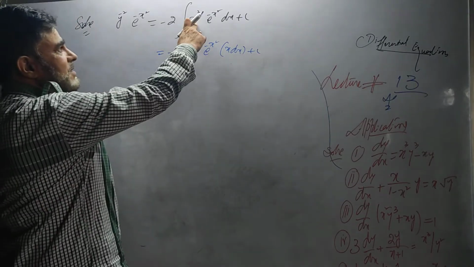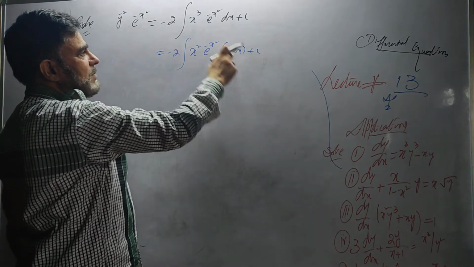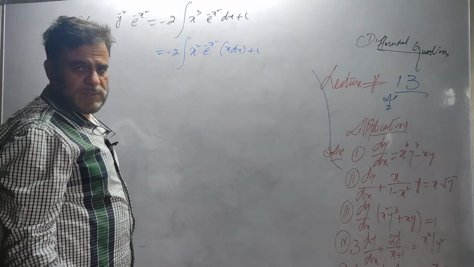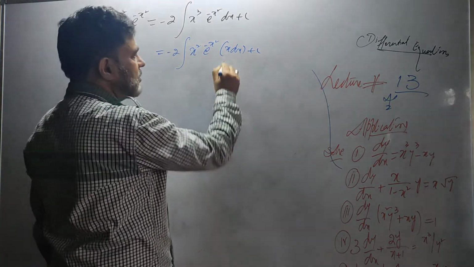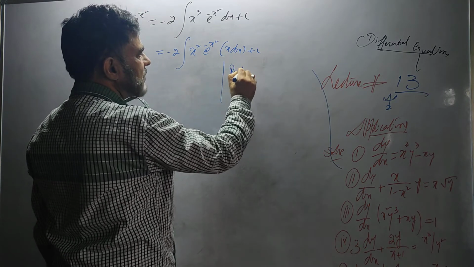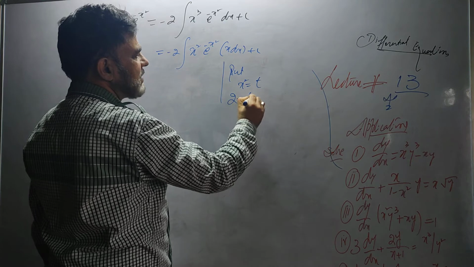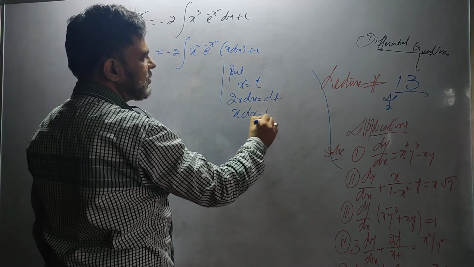I have separated this because here I have x square e raised to the power minus x square, and the derivative of x square is 2x dx, so x gets involved. Therefore, the suitable substitution is to put x square equal to t. Then 2x dx is equal to dt, so I have x dx is equal to 1 by 2 dt.